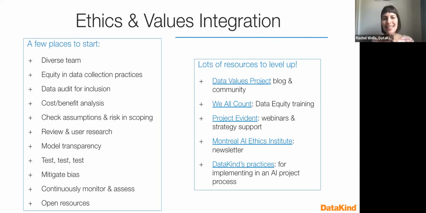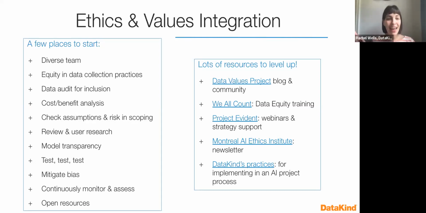Project Evident has an AI 101 that really focuses on bias and equity. The Data Values Project is an awesome blog and a community space for really seeing a lot of examples of what this looks like in practice in the social sector. I love We All Count's data equity training. It's a really good way to learn the foundations here.